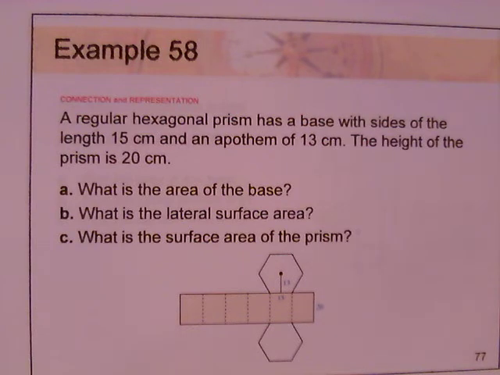The height of the prism is 20 centimeters. We're answering parts A, B, and C. What is the area of the base? What is the lateral surface area? And what is the surface area of the prism?